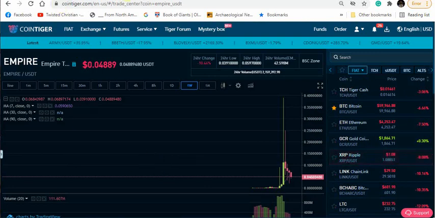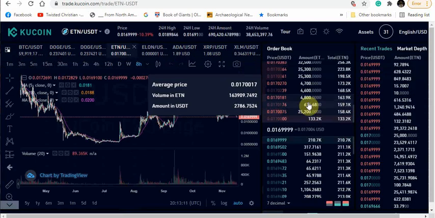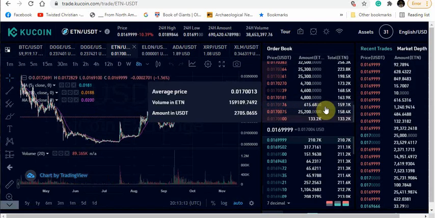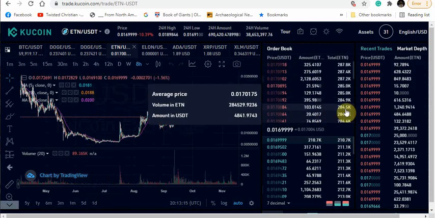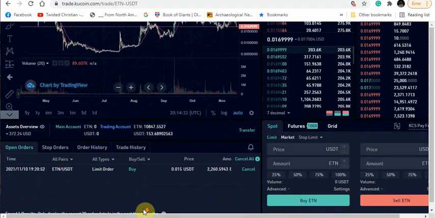And then we're going to go back to Kucoin, because remember, I did transfer that money in. All right, according to what I'm seeing here, ETN seems like it is on the downturn. Currently I have a buy limit order at 0.015.